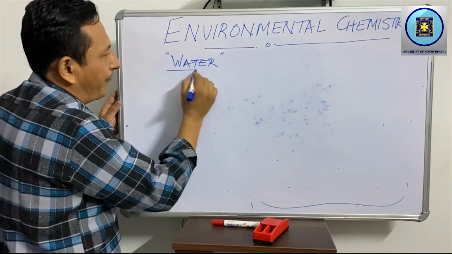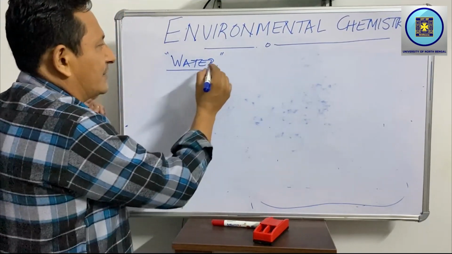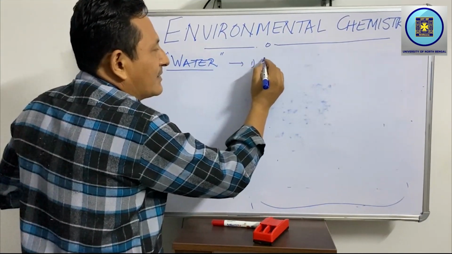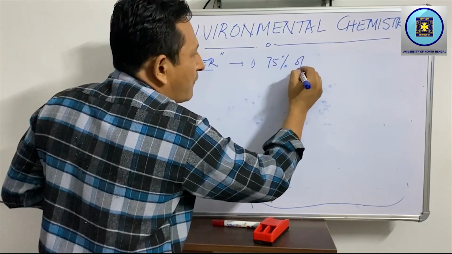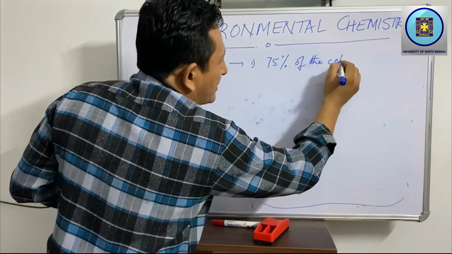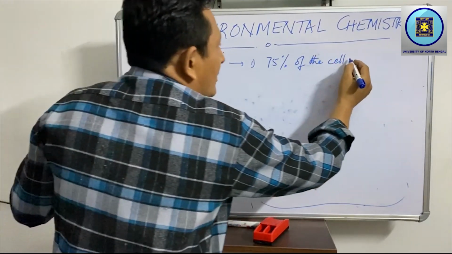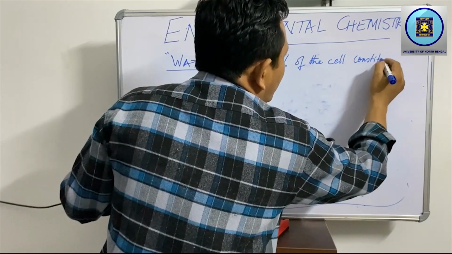So water is very, very vital to us. The reasons being, as I've already said, 75% of the cell in our bodies, in any living organism, is constituted of water.